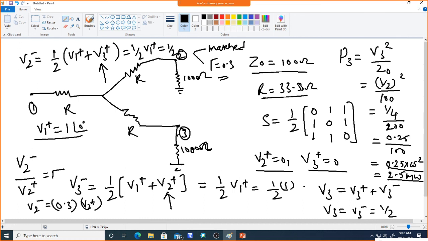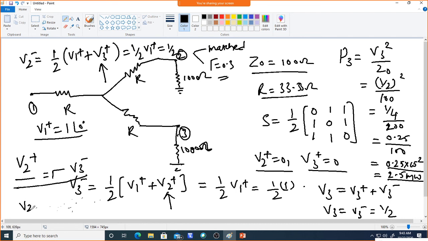This is actually the equation for V2 minus, and V2 plus is this one. So V2 plus is nothing but gamma of V2 minus. So this is the equation.